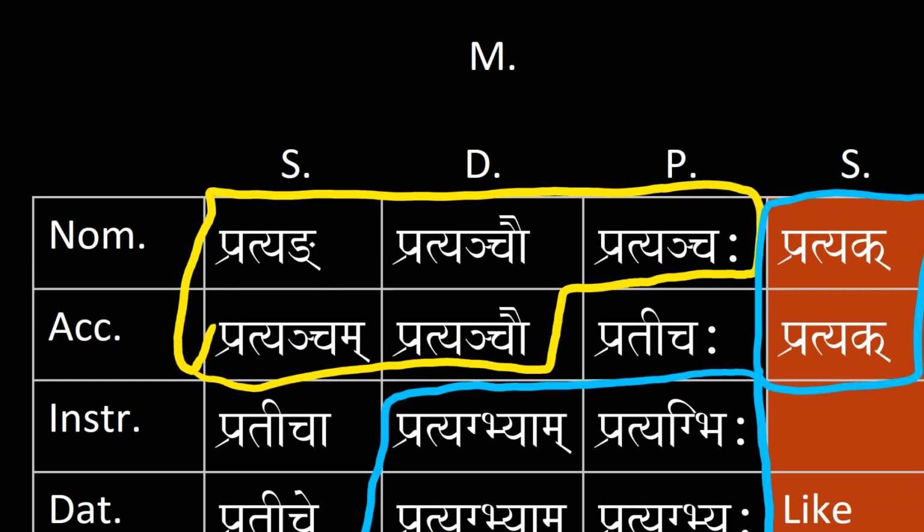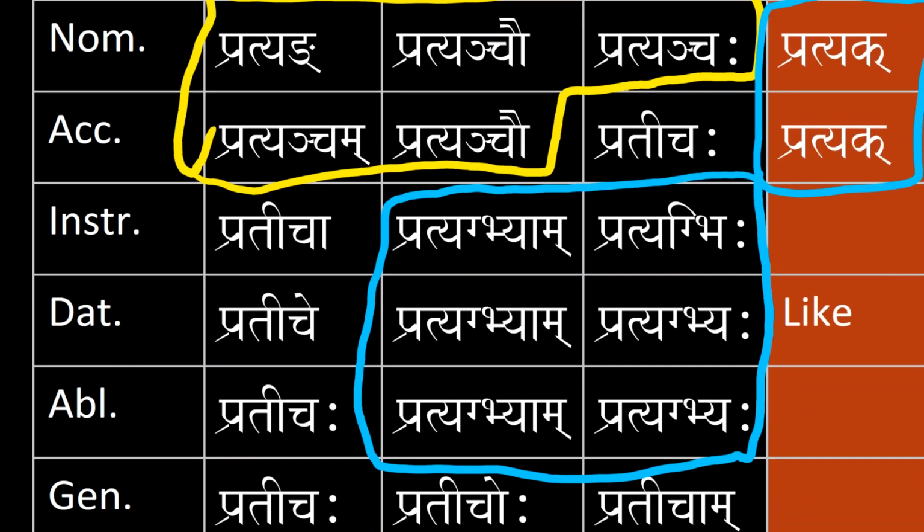So for nominative, singular, dual, and plural, for the masculine gender, we have pratyan, pratyanchau, and pratyanchaha. For accusative, we have pratyancham, pratyanchau, and pratichaha.